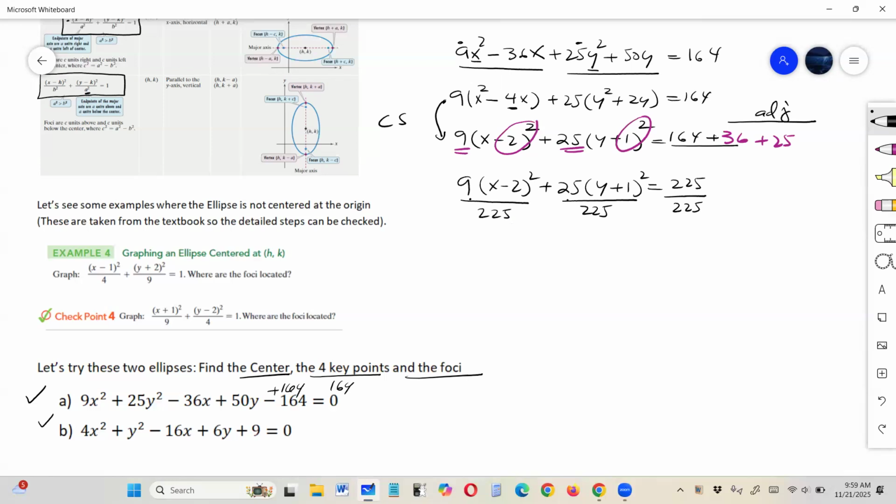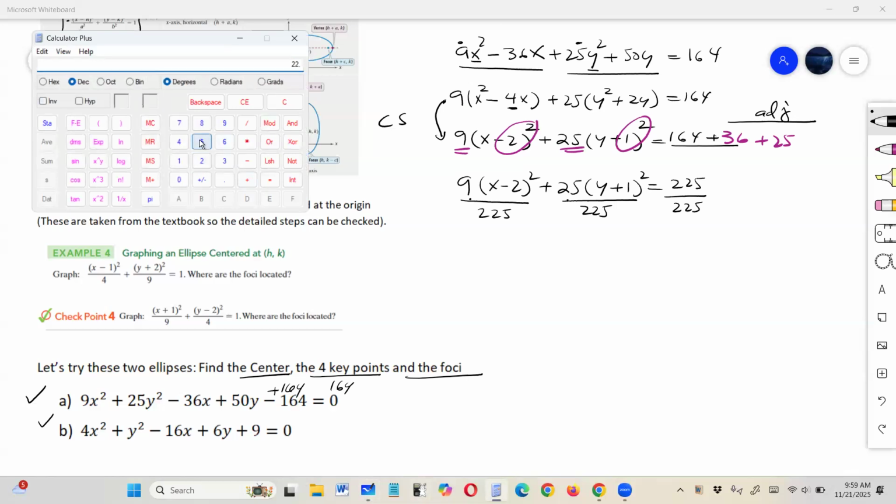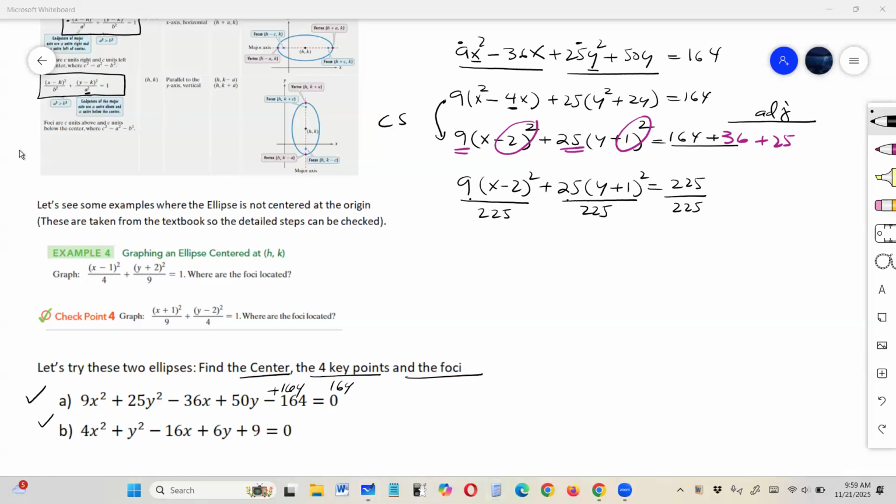Now let's check to see what 225 divided by 9 is. I think it's 16. 225 divided by 9, 25. Okay, so this thing is 25. And I think this may be 9.